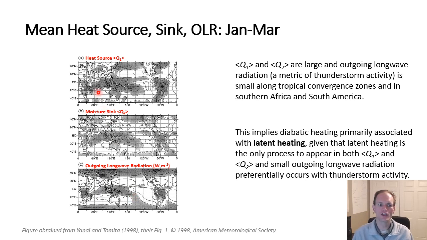So the combination of large positive Q1, large positive Q2, and low values of outgoing long-wave radiation strongly implies that latent heating is driving the diabatic heating that we're seeing in the heavy precipitation regions of the southern hemisphere during the southern hemisphere summer.